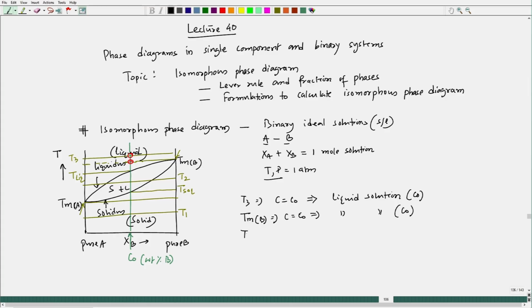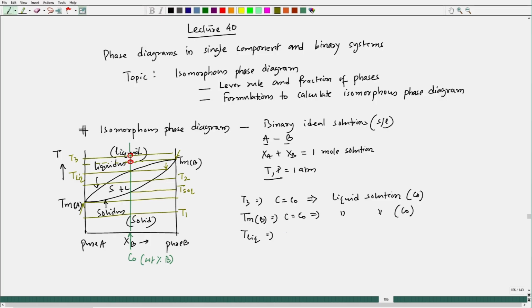Now, at T liquidus, this is interesting. At that point, we will get the first solid to appear at that composition. If I extend this line, we get a solid of this composition and liquid of this composition. Okay.